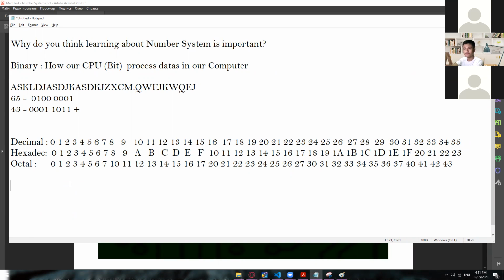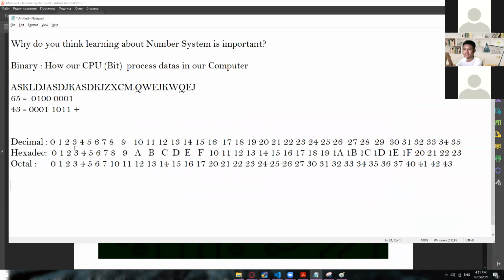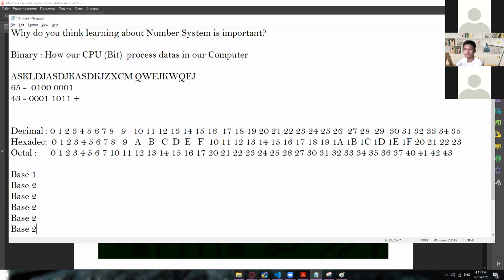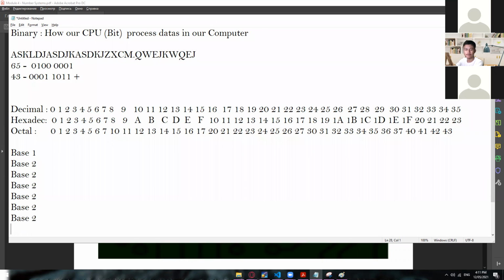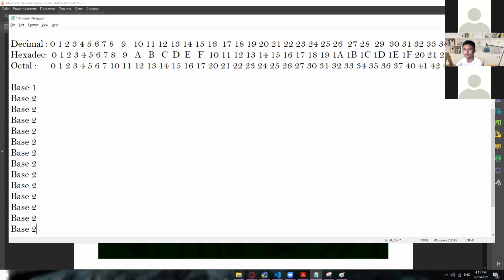Of course, we have base 10, base 2, base 8, and base 16, but we could also have other bases. It can range up to 16, sorry, 15, a base of 15. Let me just copy this one and paste it. 1, 2, 3, 4, 5, 6, 7, 8, 9, 10, 11, 12, 13, 14, 15.